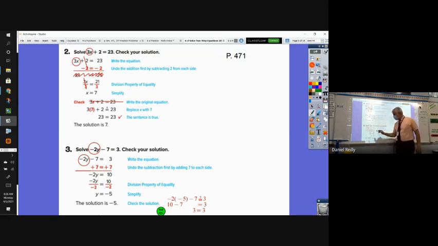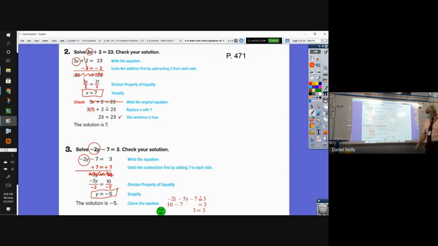Then you get, and again, you don't have to write this twice, negative 2y, that's all that's left over here, equals 10. Undo the multiplication by dividing both sides by negative 2.